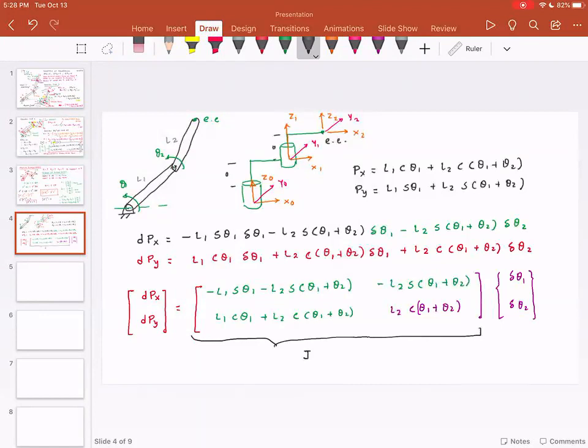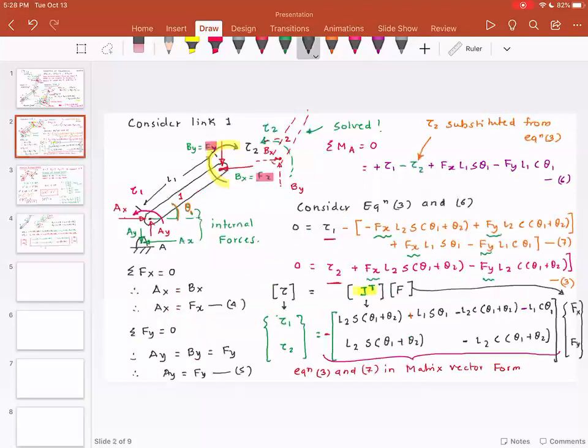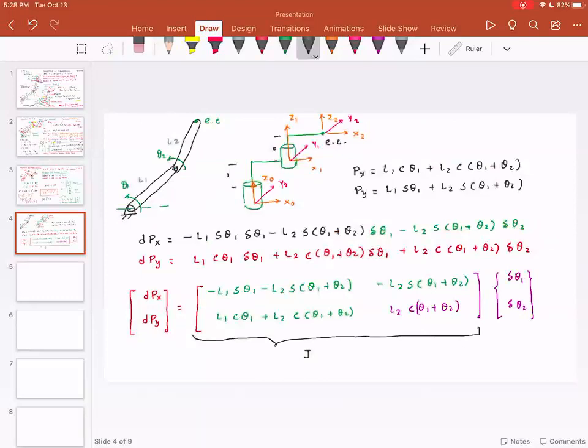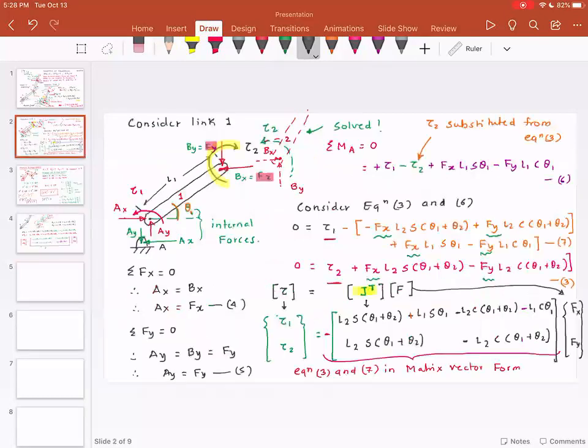Now I want you to check if the term that we have here is the Jacobian transpose. So let's look at the terms on the diagonal. Minus L1 sine theta 1 minus L2 sine (theta 1 plus theta 2).